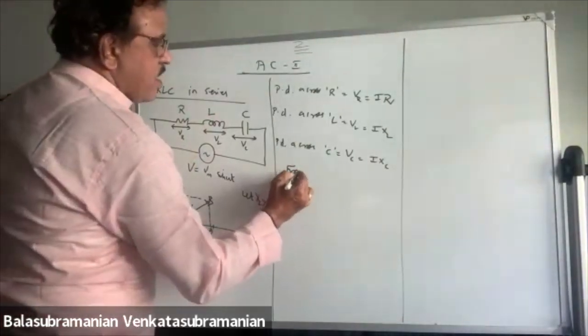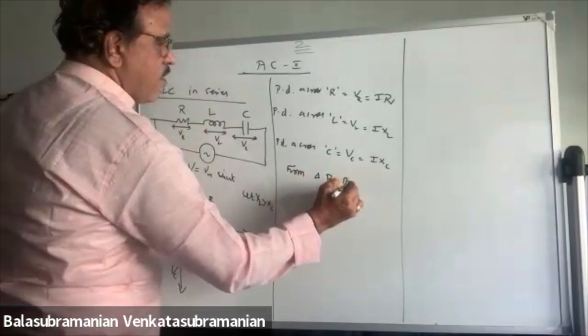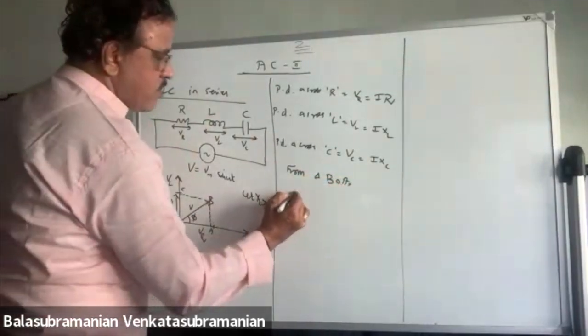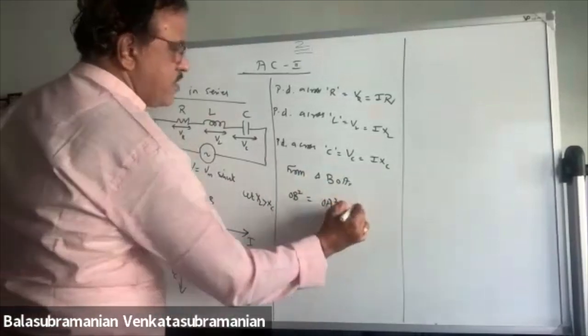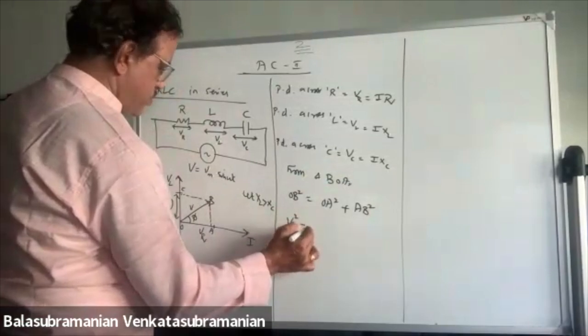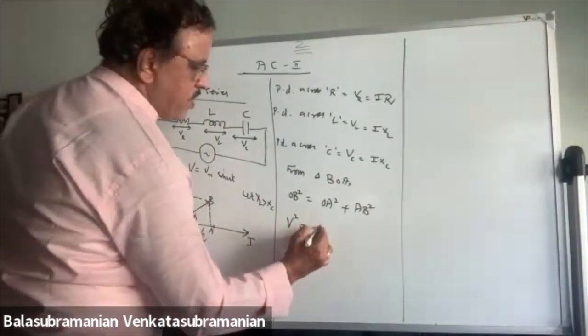From triangle BOA, OB square is equal to OA square plus AB square. OB square is V square. OA square is nothing but VR square.